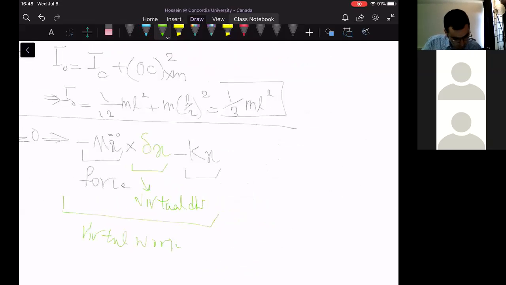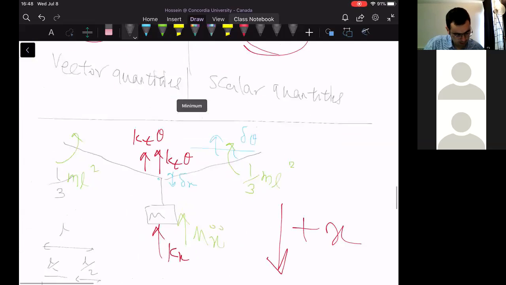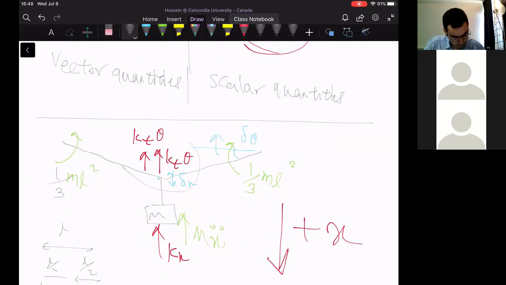Similarly for the other terms, the spring force in the lower stiffness is kx, multiplied by the virtual displacement. And also, we have two torsional springs here.